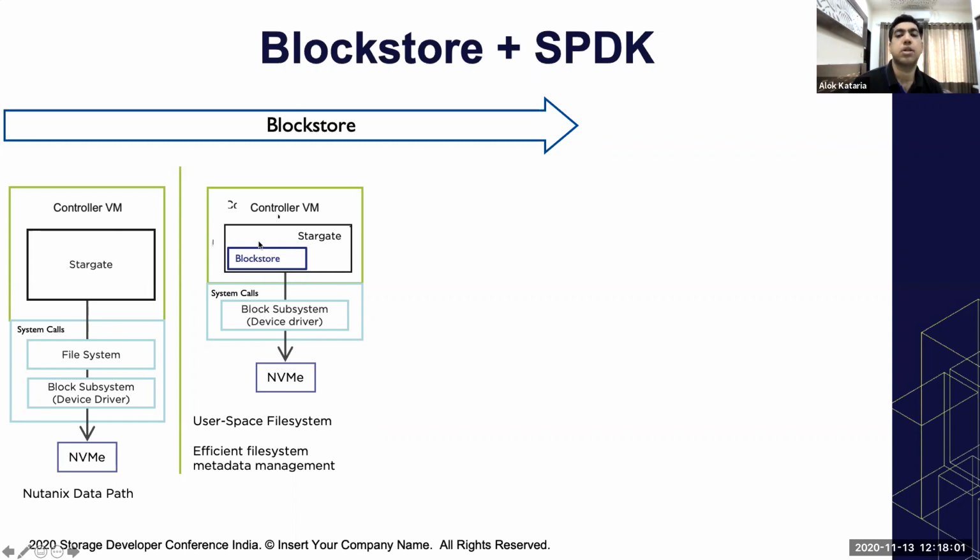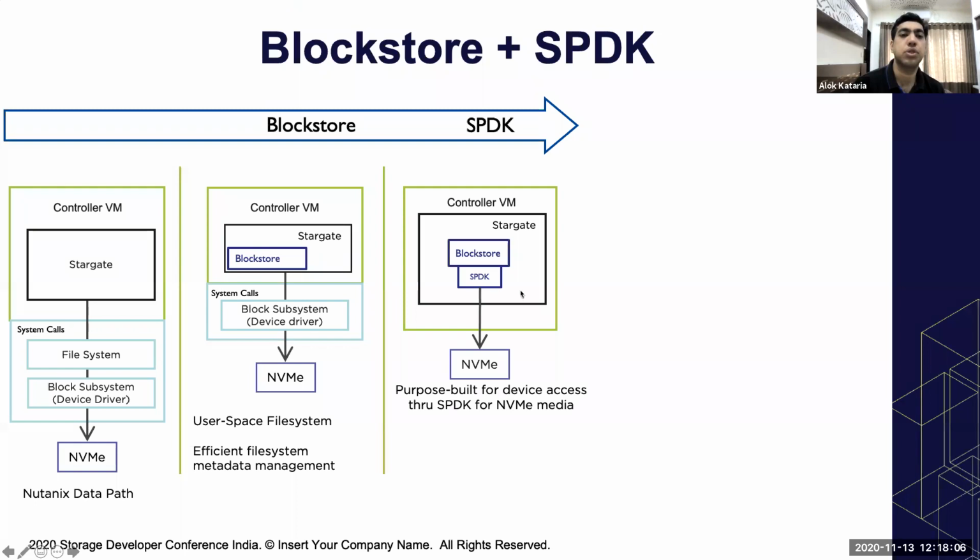This gives us control on the data layout on the disks, which enables us to do the second optimization, that is SPDK. Intel developed the Storage Performance Development Kit, which is an API which allows us to do I/O to an NVMe directly from user space.